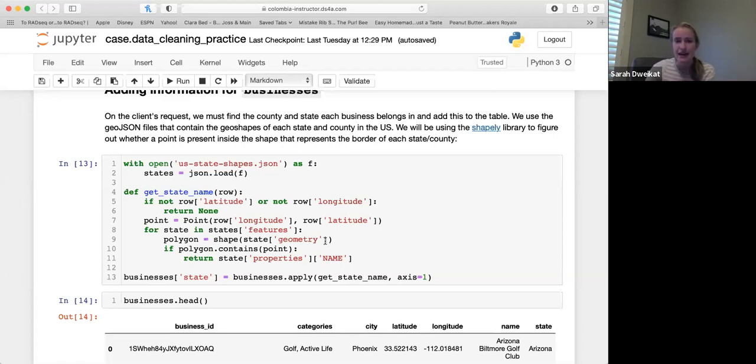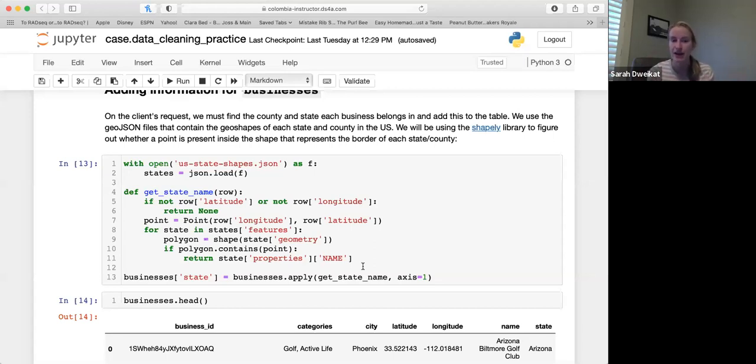And then, this is saying if our point that we defined here, our latitude and longitude, is within that shape, then we want to return the name. We want to get, from the properties part of state, the name. So all this code is saying is for each latitude and longitude, if it fits within our state shape, then return the name of that state.